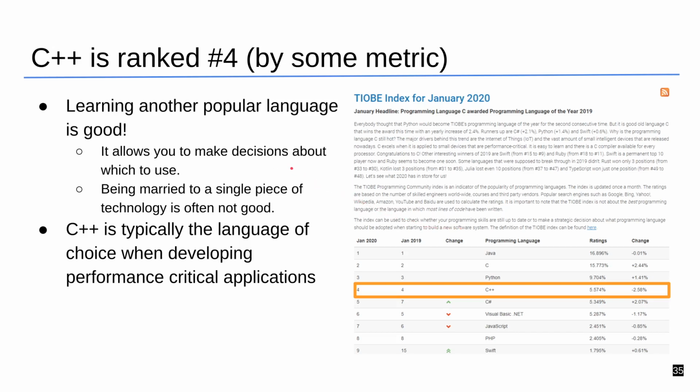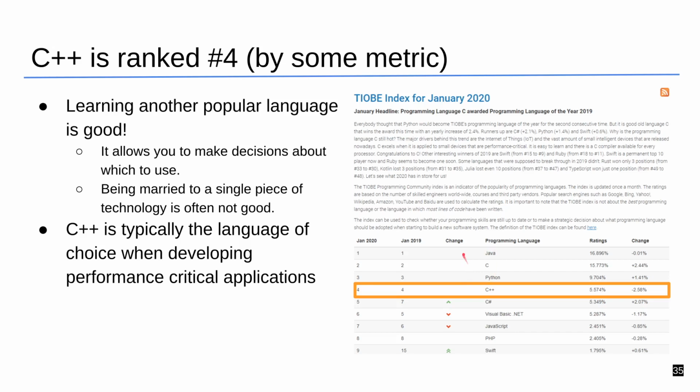Okay. So C++ is ranked number 4 by some metric as far as popular programming languages. So this should be a good thing, that you're learning something that's relevant and used in industry, and you can directly apply after leaving this course. But again, if you've done a lot of Java, in this number 1 position, you never really want to be married to a specific piece of technology because it always changes, and you want to be able to think in different ways.